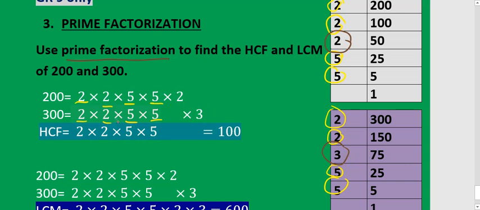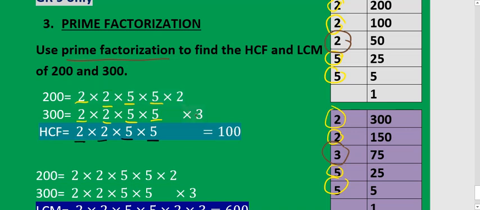To calculate the HCF, we only want the ones that they have in common. So they have that 2 in common, that 2 in common, that 5 in common, and that other 5 in common. So we'll only multiply what they have in common to find the HCF. This is very important. We ignore whatever they don't have in common, so we're not going to use the 2 and we're not going to use the 3.